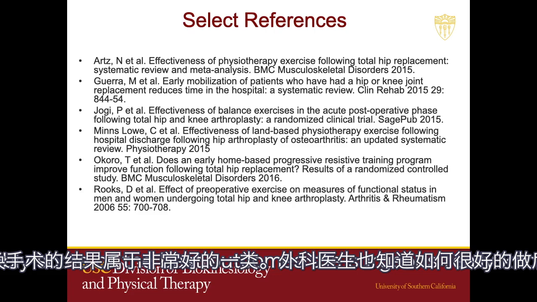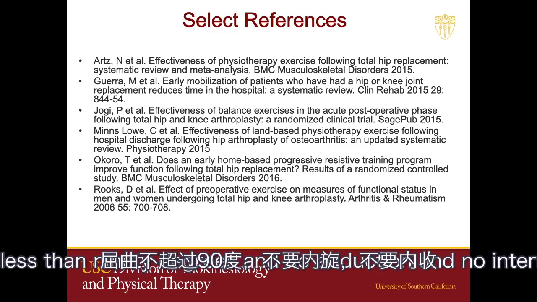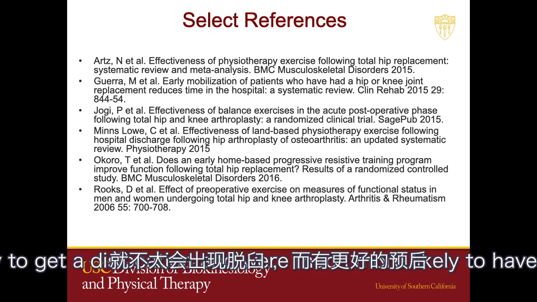The surgeons really know how to do that posterior approach surgery. As long as they're following the precautions and keeping hip flexion less than 90 degrees and no adduction and no internal rotation, you're less likely to get a dislocation, and we're much more likely to have great outcomes.